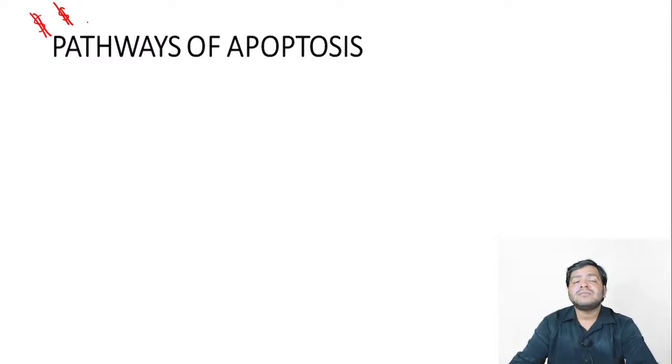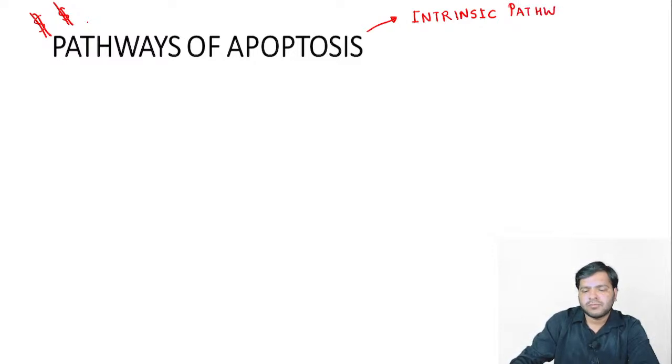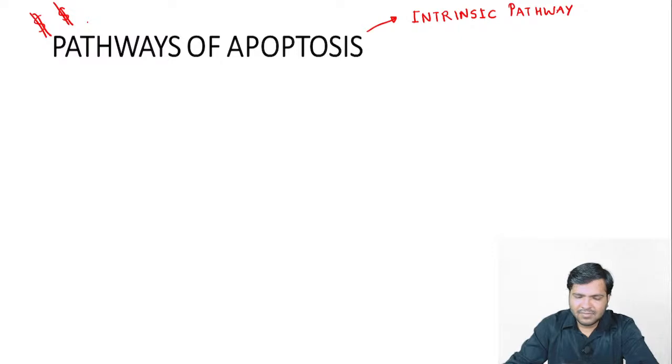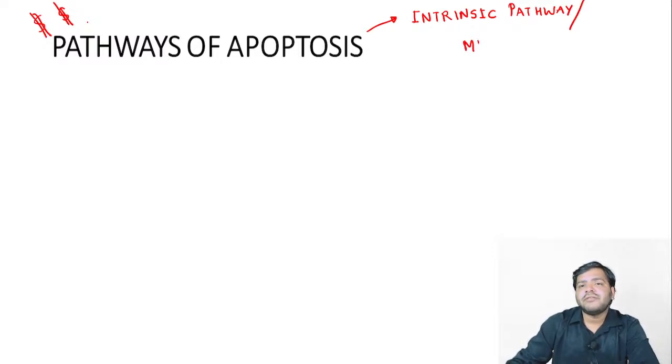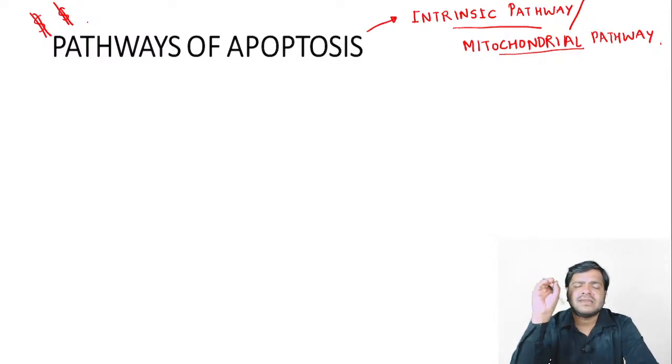Now guys, we will start with the pathways of apoptosis, and remember we have two pathways of apoptosis: the intrinsic pathway, also called as the mitochondrial pathway. माइटोकॉन्ड्रियल पाथवे, थैंक यू. इंट्रिंसिक पाथवे को माइटोकॉन्ड्रियल पाथवे भी बोलते हैं. व्हाई? बिकॉज इट इज टेकिंग प्लेस इनसाइड द माइटोकॉन्ड्रिया. आई जस्ट टेल यू हाउ.